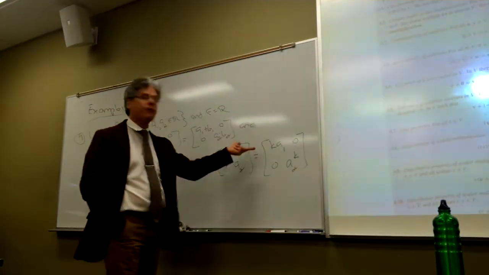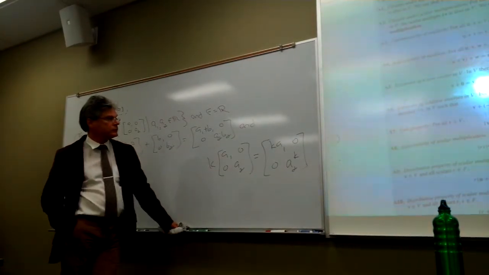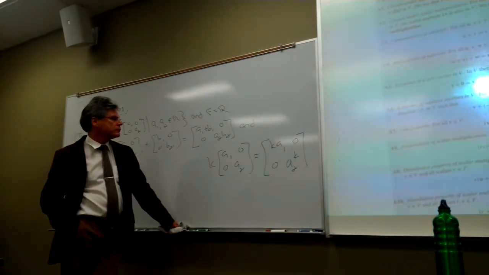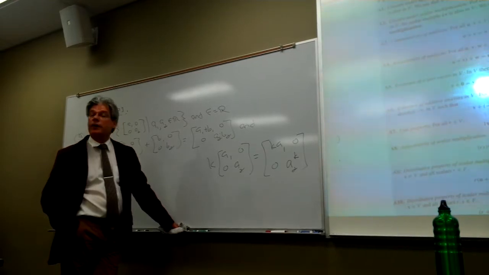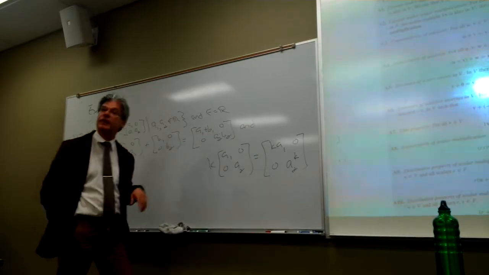Can you give me an example where this fails? If a sub 2 is a negative number, and then k is 1/2, you would get a complex number. Very nice. I agree, and I no longer have real entries. I think that's an example where I fail.